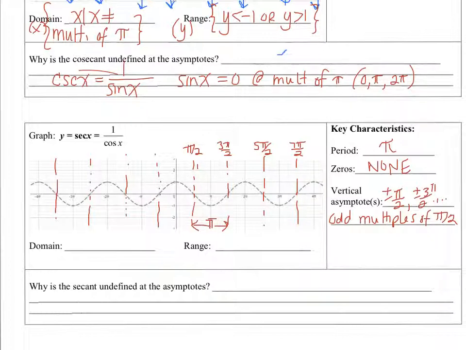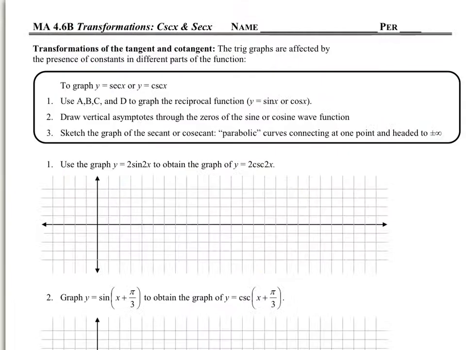Okay, so now let's graph the secant. Same as before, the secant is built off the cosine. So it's touching at one point here and then tending toward these asymptotes, going toward positive infinity on top and negative infinity on the bottom. Okay, here we go. We'll do a couple more.